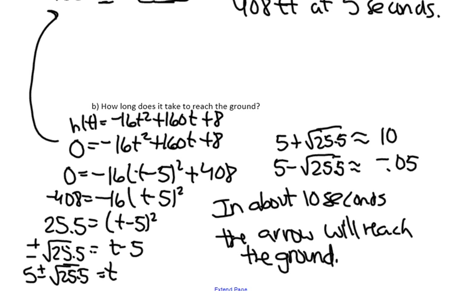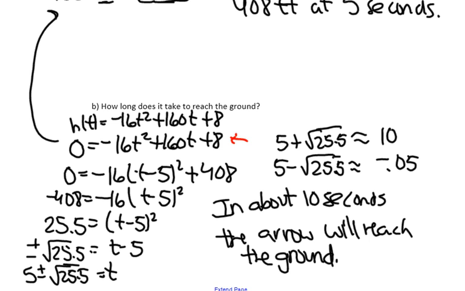Now again, if you don't want to complete the square, you certainly can use the quadratic formula in this particular step because you know a is -16, you know b is 160, and c is a constant. The quadratic formula should get you the same two approximate answers, and you still get 10 seconds.